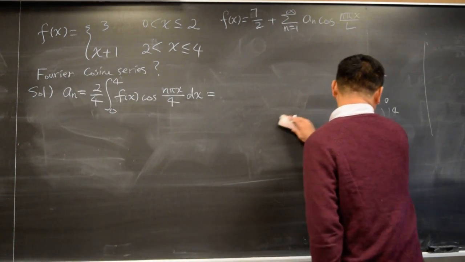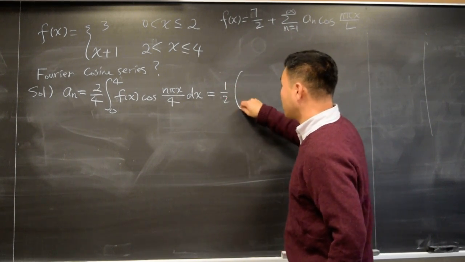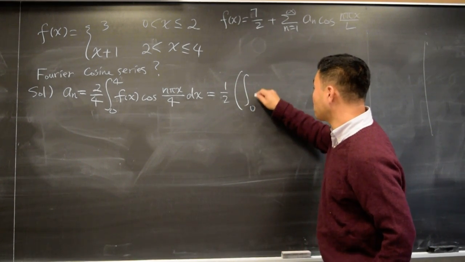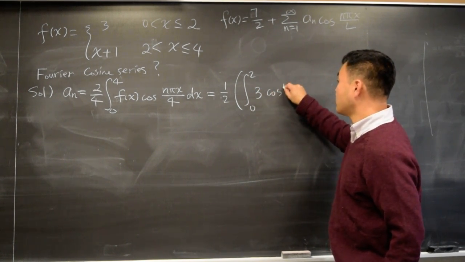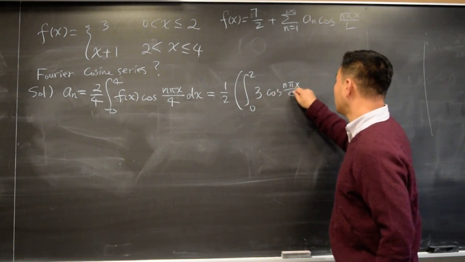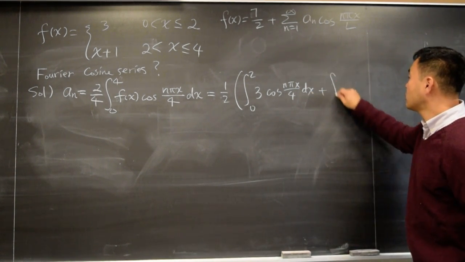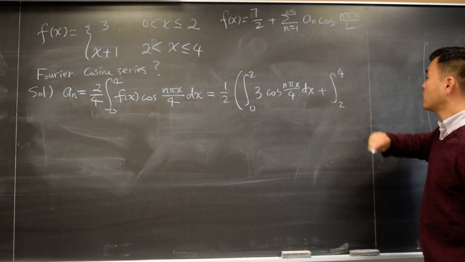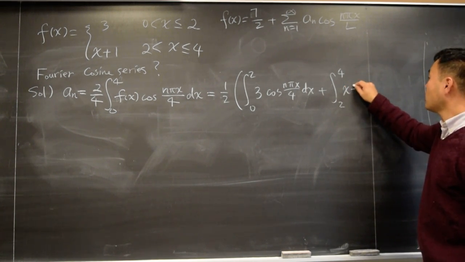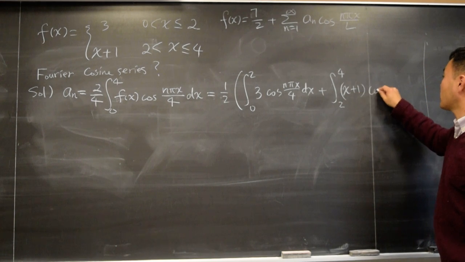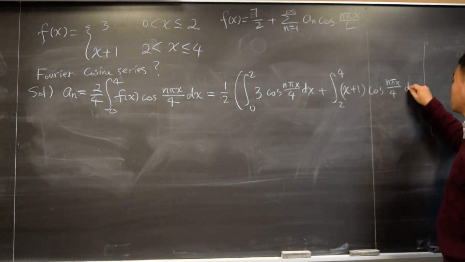We split the integral into 2. 1/2 of one integral is from 0 to 2 of 3 cosine n pi x over 4 dx, and then plus 2 to 4 of x plus 1 cosine n pi x over 4 dx.